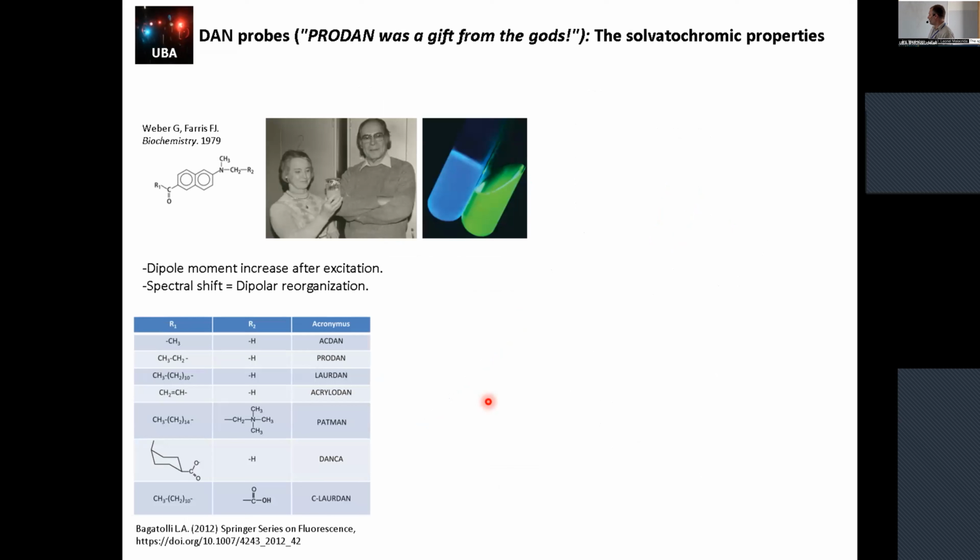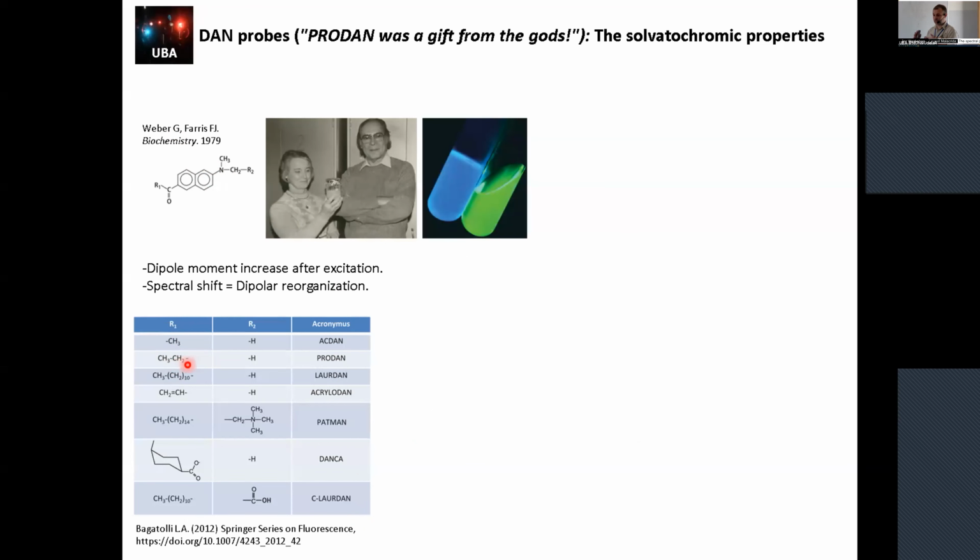So now I'm going to explain a little bit about how Phasor can be used to highlight these probes. I will talk really about these probes later on in the afternoon talk, but I want to at least give you some explanation. So these DAN probes, dimethylaminonaphthalene probes, were synthesized by Gregorio Weber and Ferris with the intention to capture environmental changes around the probe.